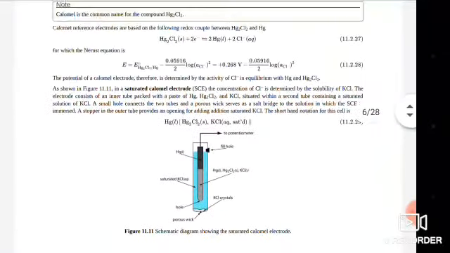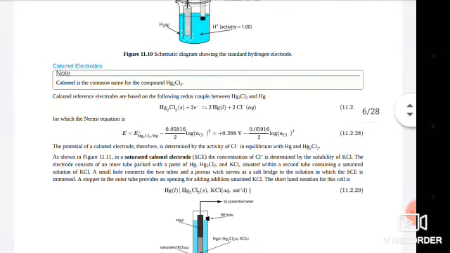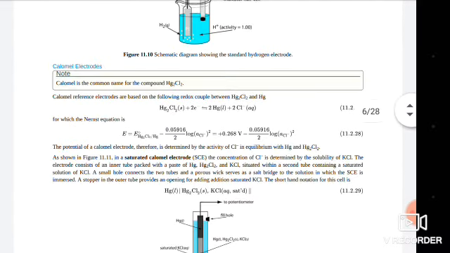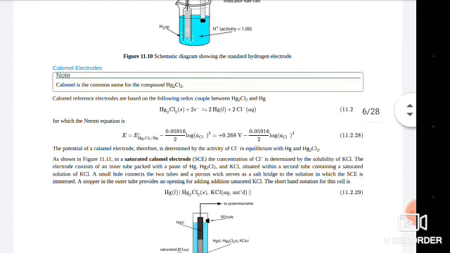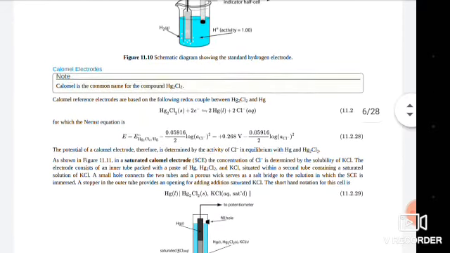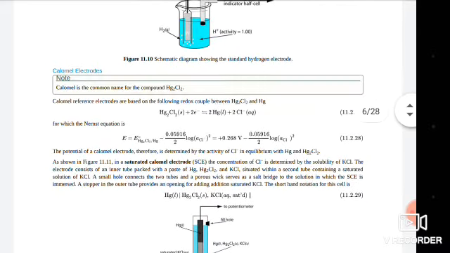The next one is the calomel electrode. Calomel electrodes are mercury chloride electrodes, and the calomel reference electrode is based on the following redox couple between Hg2Cl2 and Hg. Calomel is a common name of the compound Hg2Cl2.